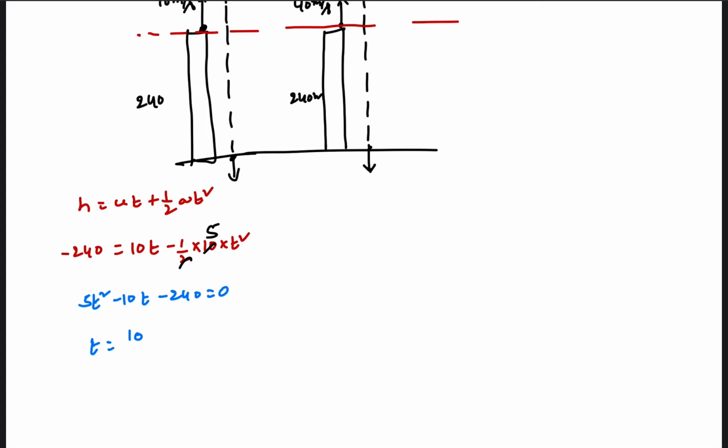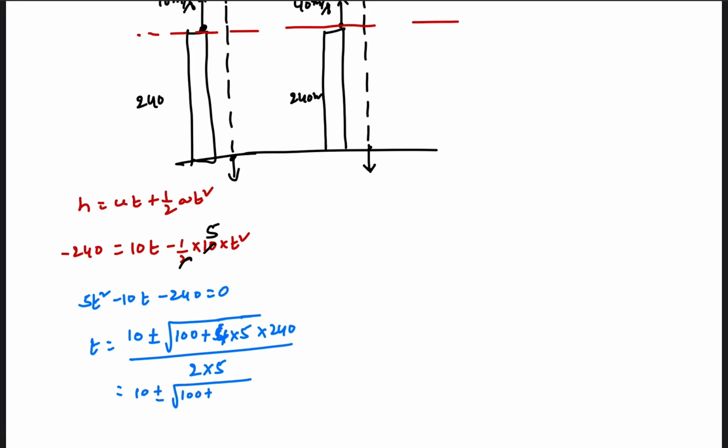Now for the first body, what time it comes to ground, I am calculating: t is equal to minus b plus or minus root over b square minus 4ac, that is 10 plus or minus root over 100 plus 4 into 5 into 240, which is 4800, divided by 2a, that is 10. So finally we get 10 plus or minus root 4900, so 70, divided by 10.